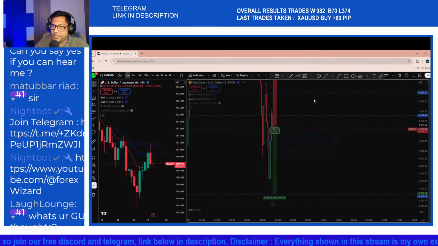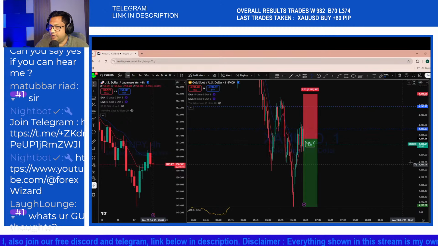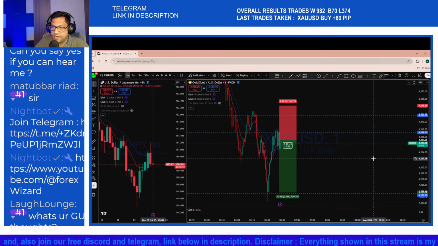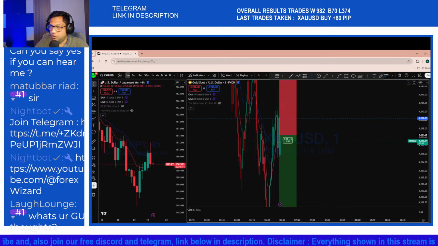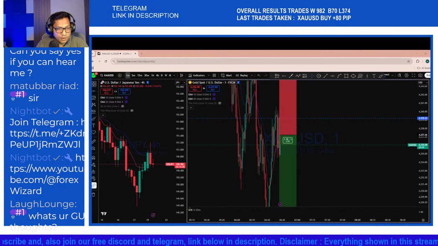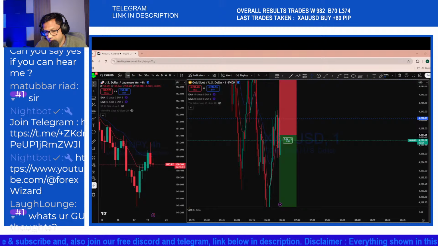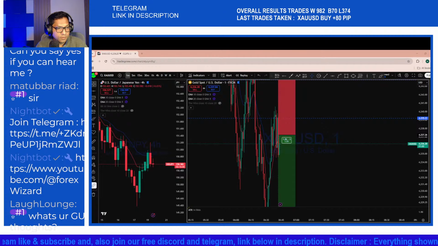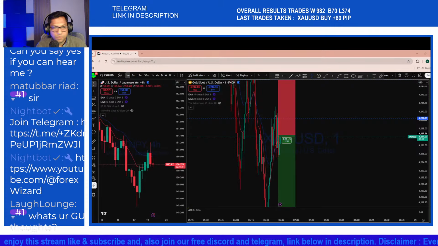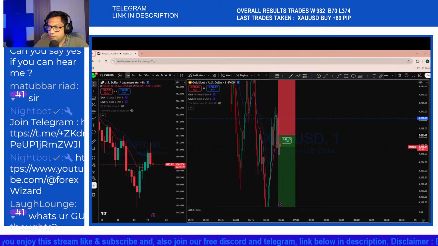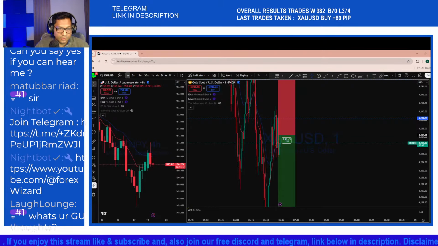This is where the market is currently in a downtrend, and I would like to see the price action break below. Expecting that's where you can see the market.